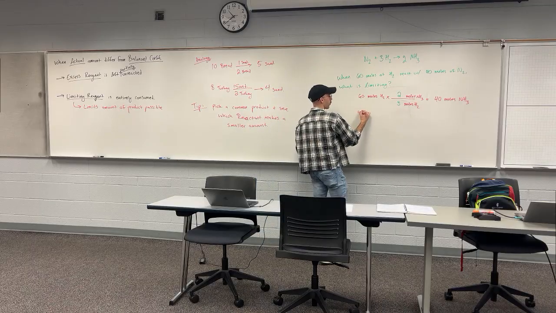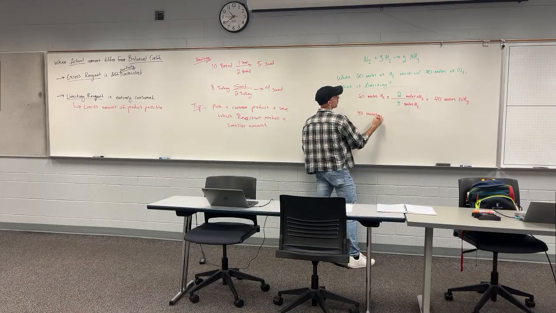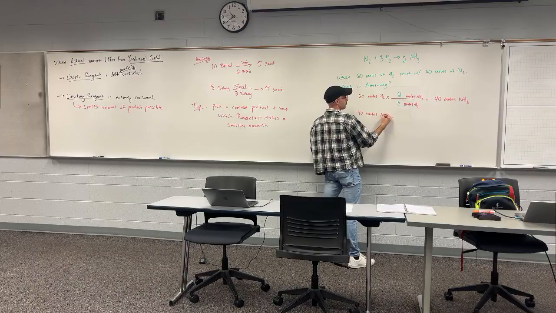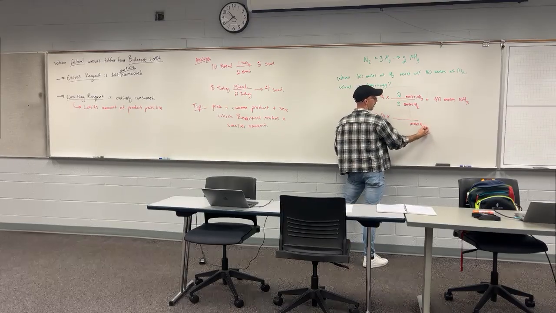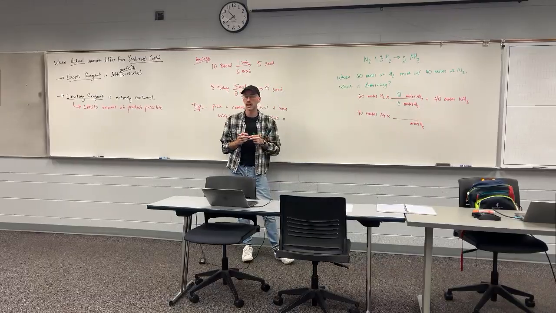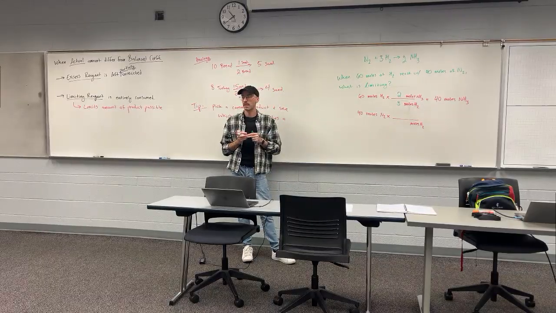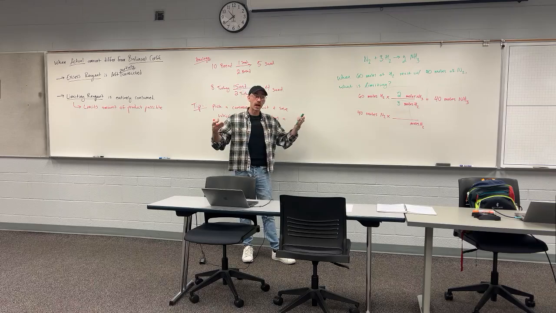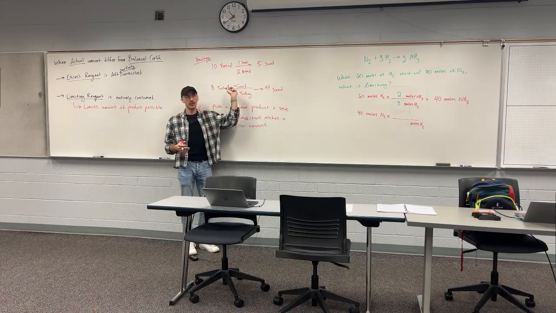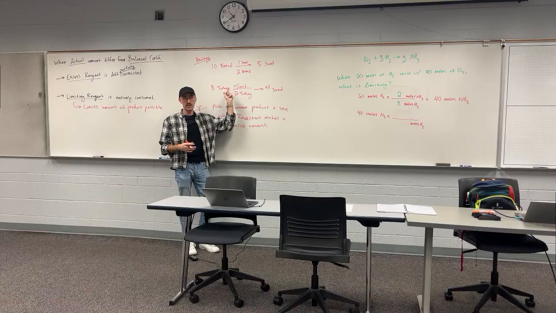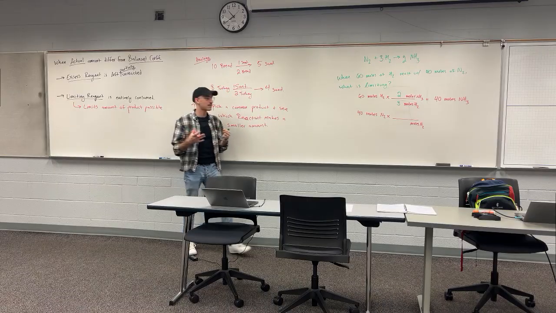Now, 40 moles of N2, I need to cancel moles of N2, so I'll put it on the bottom. What should I put on the top? Moles of ammonia. I'm trying to get to a similar perspective. Just like in the analogy, we were always going to sandwiches so that we could compare in the same dimension.